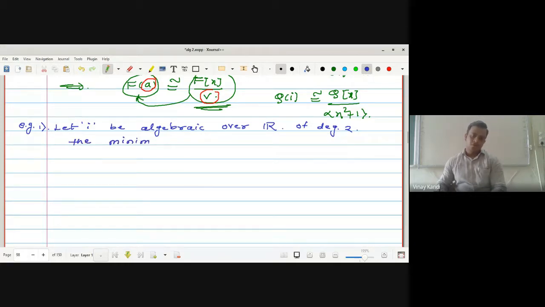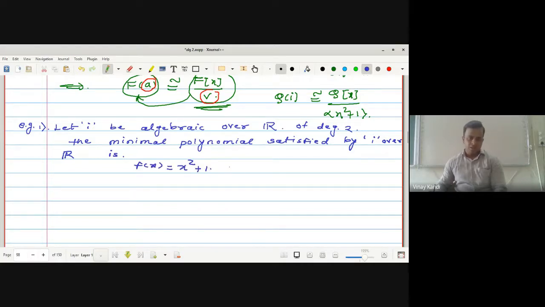The minimal polynomial satisfied by i over the field of real numbers is f(x) = x^2 + 1, and this polynomial belongs to R[x] because all the coefficients belong to R, the set of real numbers. Let V be the ideal generated by this minimal polynomial x^2 + 1.